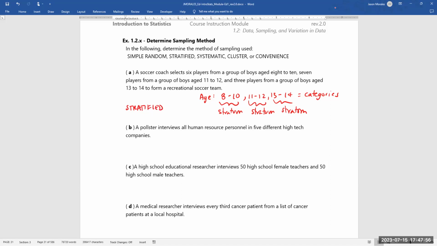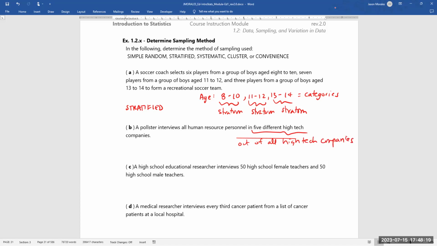Part B, a pollster interviews all human resource personnel in 5 different high-tech companies. So when it says 5 different high-tech companies, this is out of all high-tech companies.